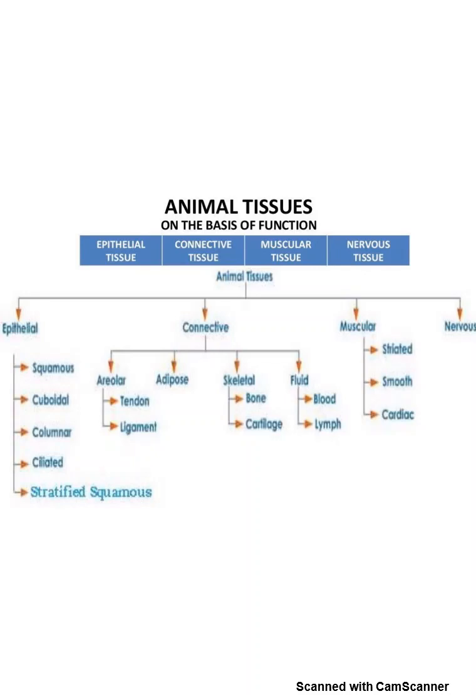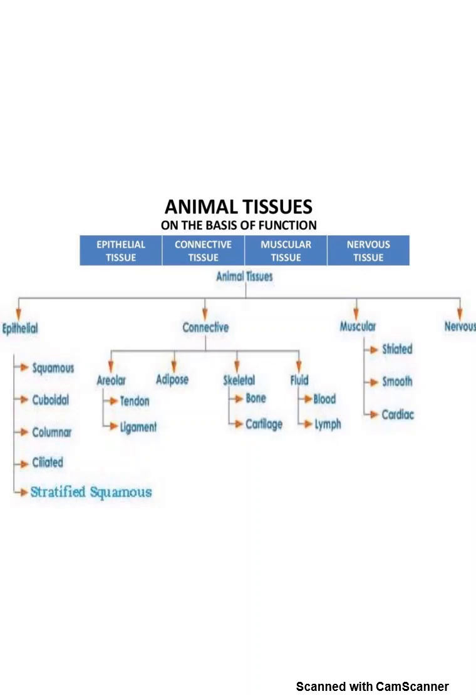Today we are going to discuss animal tissues. We have different types of animal tissues in our body on the basis of function. Some of the tissues just cover the body organs. Some of the tissues connect the different parts of the body.